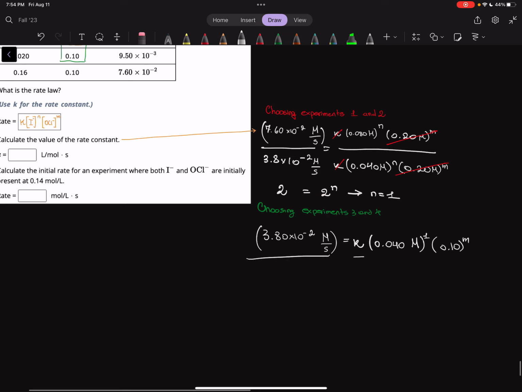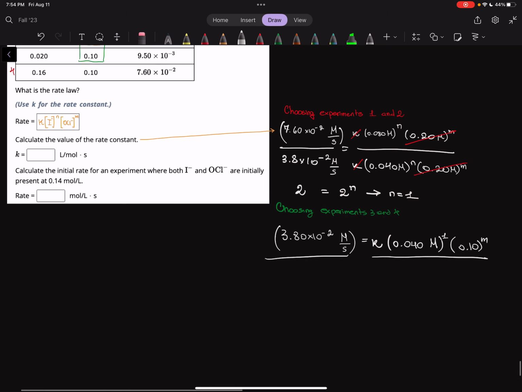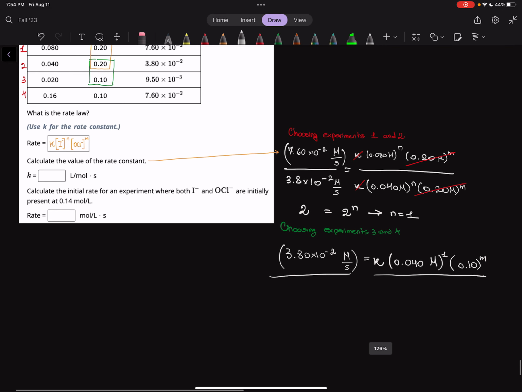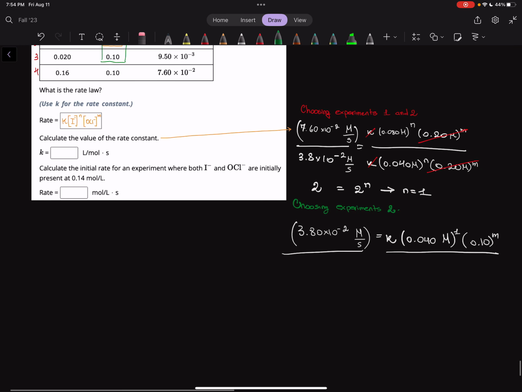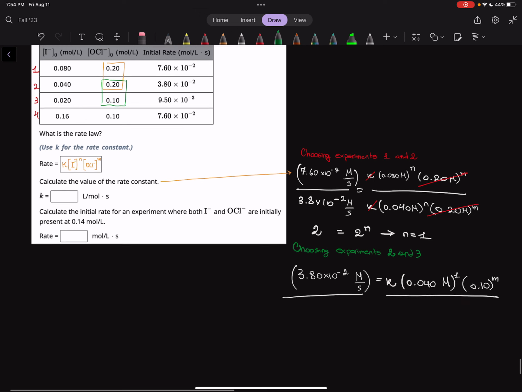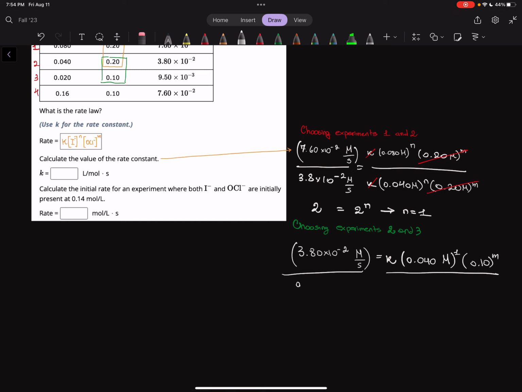And now we want to divide it by experiment 3, because we didn't choose 3 and 4. I think you're noticing that I'm kind of tired. 2 and 3, because it's taking me a while and I'm missing steps. But let's keep going. 9.50 times 10 to the negative 3 here, molars over seconds.